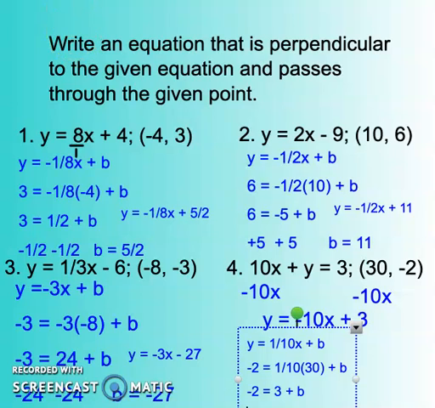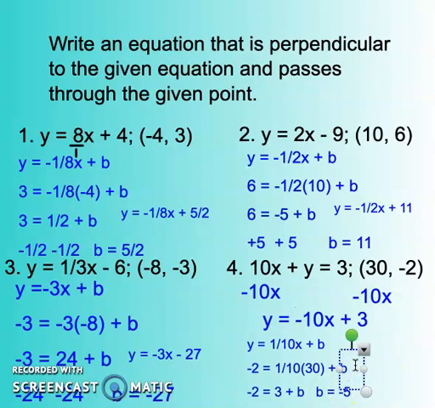And so we have 3 plus what is negative 2, and that would be negative 5. And so my final equation is y equals 1/10 x minus 5.